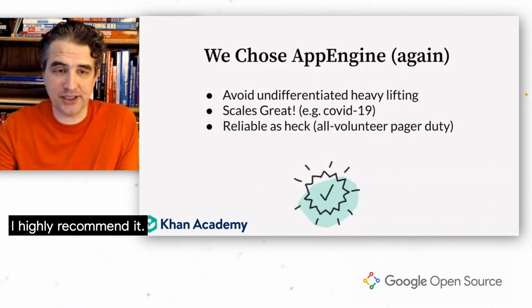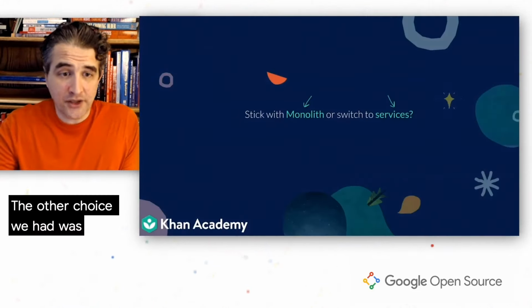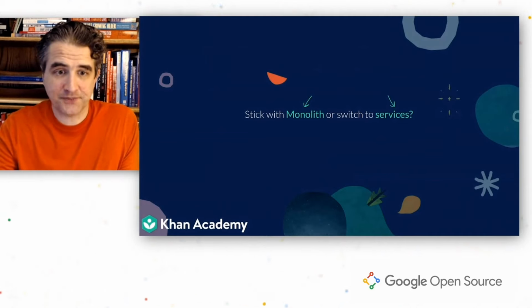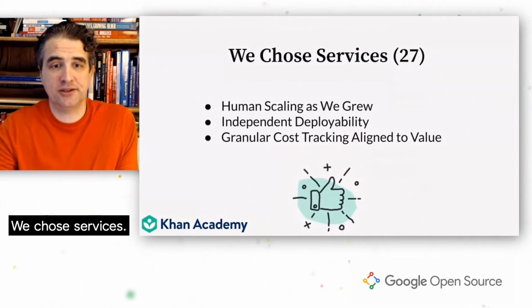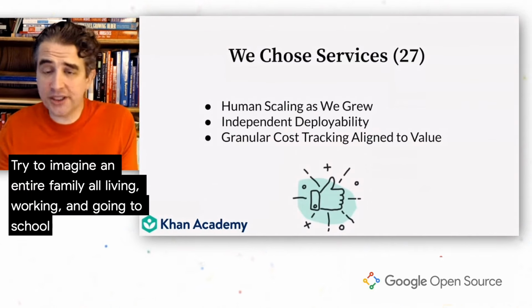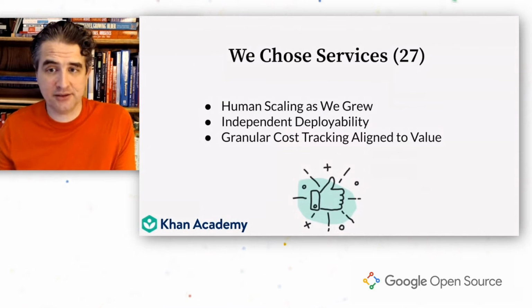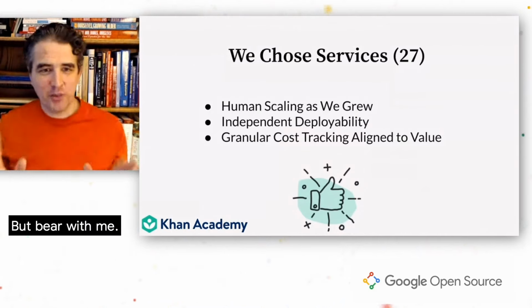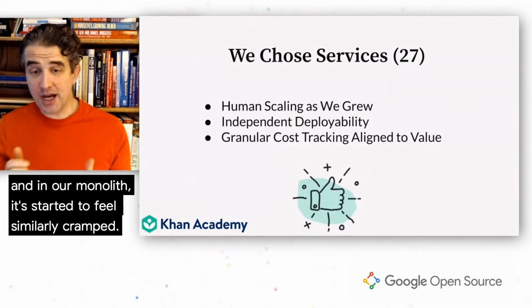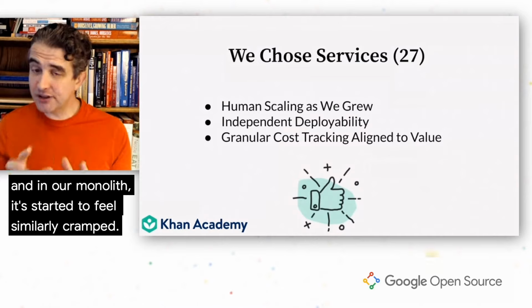I highly recommend it. The other choice we had was, should we stick with the monolith or switch to services? We chose services. Try to imagine an entire family, all living, working, and going to school in the same small living space. I know, it's so far-fetched, but bear with me. We have 86 engineers at Khan Academy, and in our monolith, it started to feel similarly cramped.